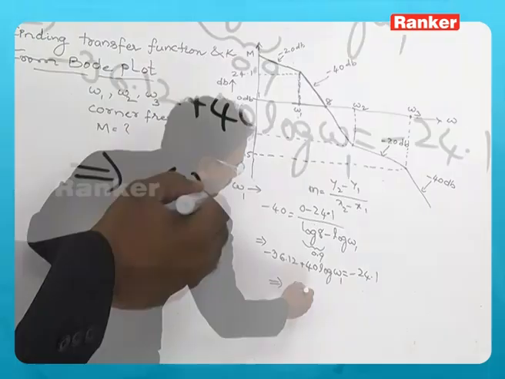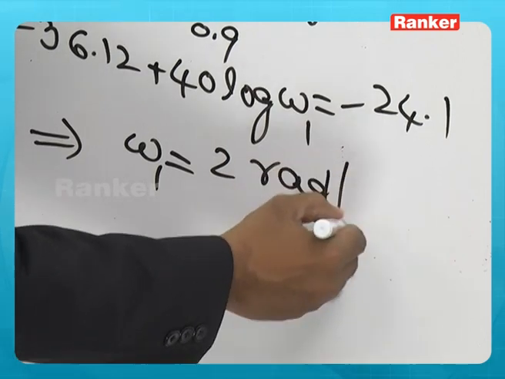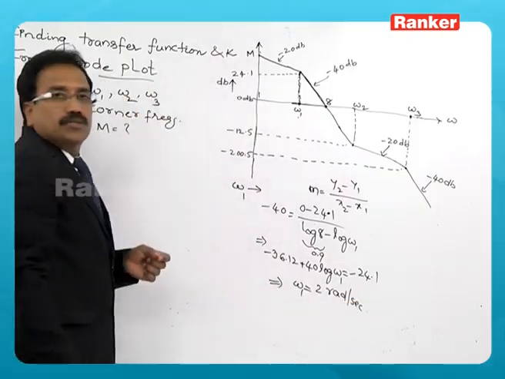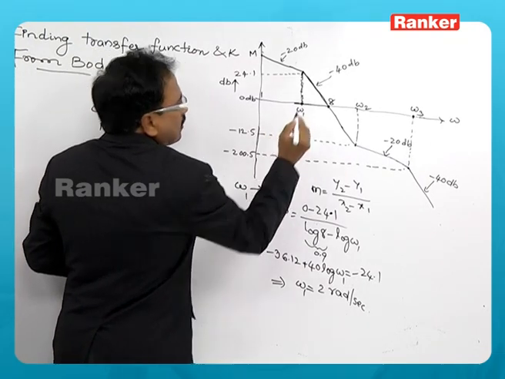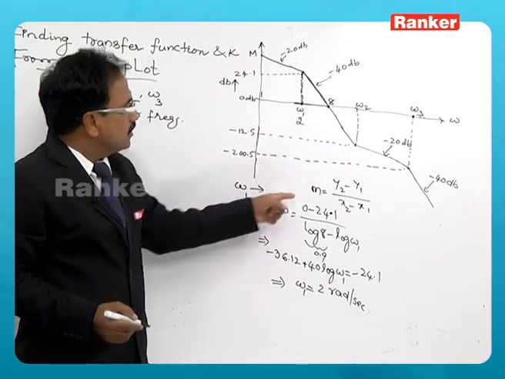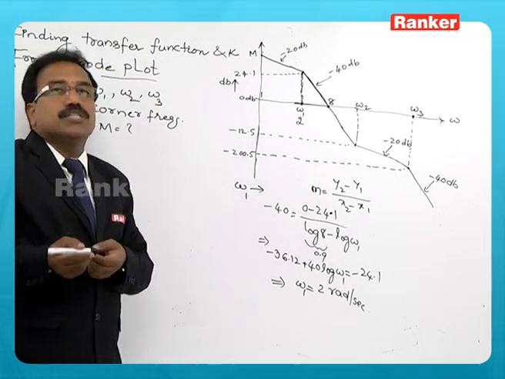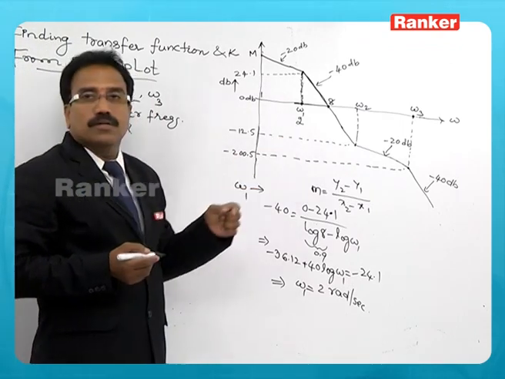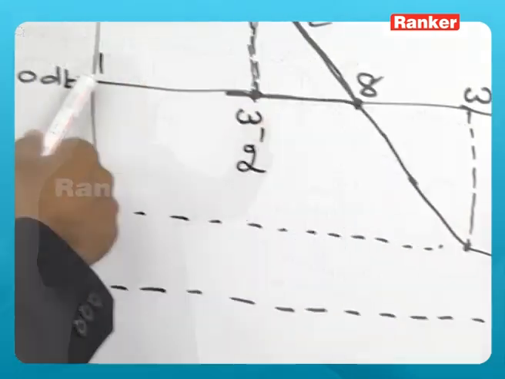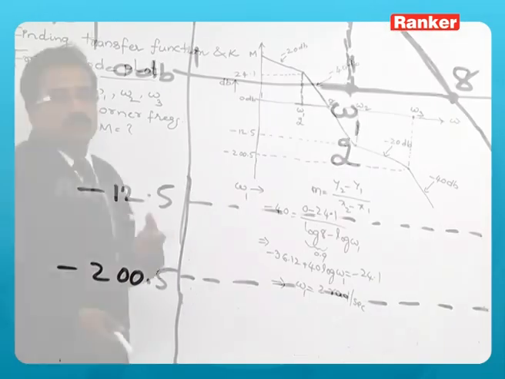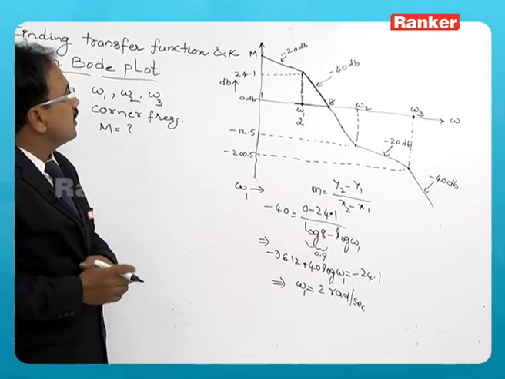From this you can get omega 1 as 2 radians per second. You can cross check whether it is right or wrong, because here it is 8 radians per second and here it is 1. So it is in between 1 and 8, and you got 2, so probably it is right.